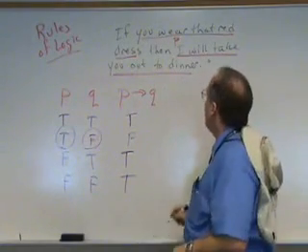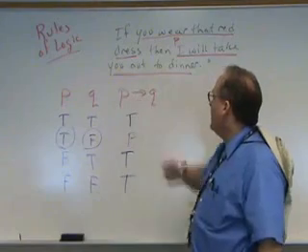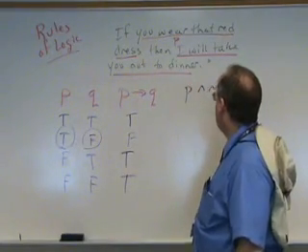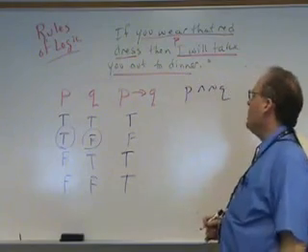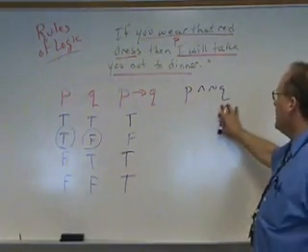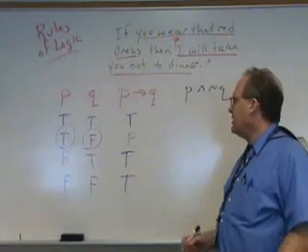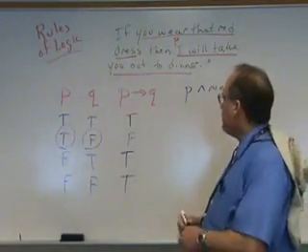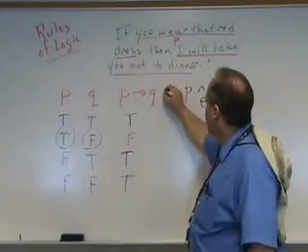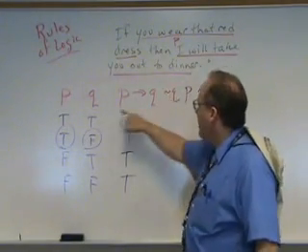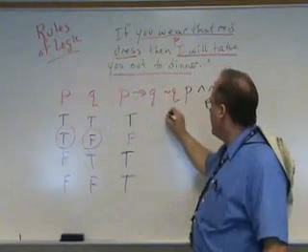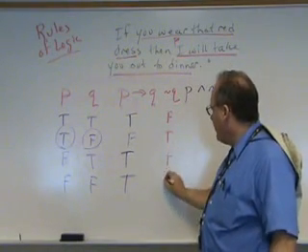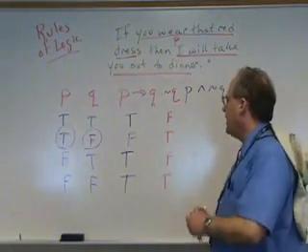Okay? So the negation of this would be P and not Q. P and not Q would be a negation to this. Well, let's see if we can show that. Here's Q and not Q, and this is false, true, false, true. Okay.